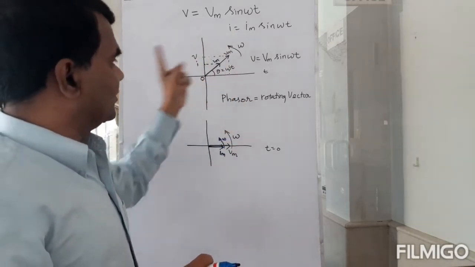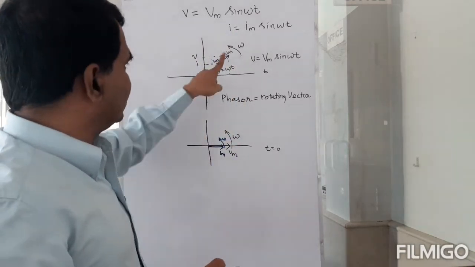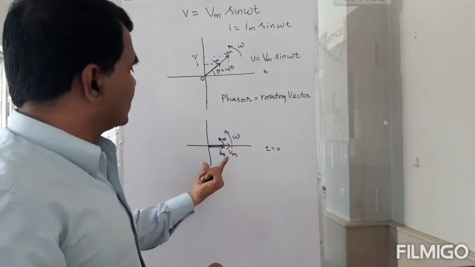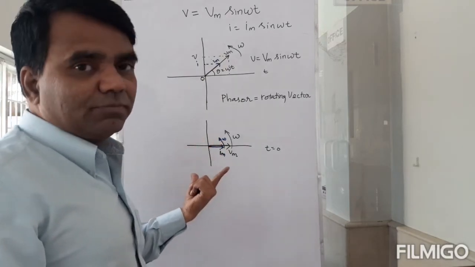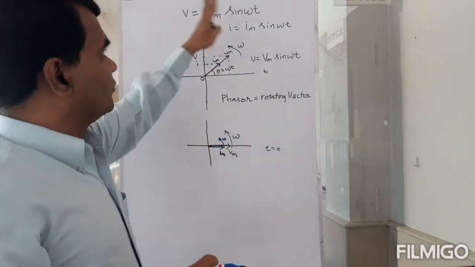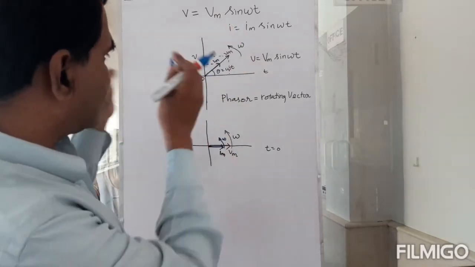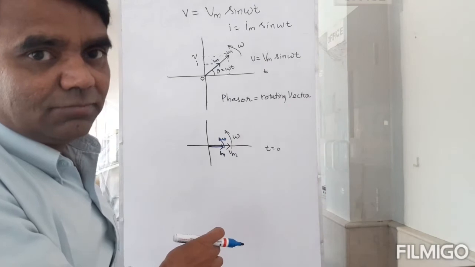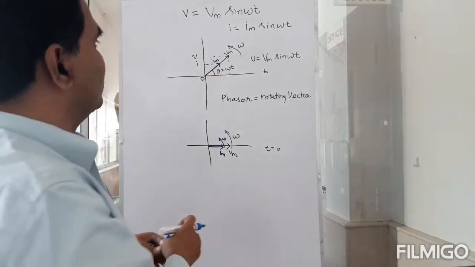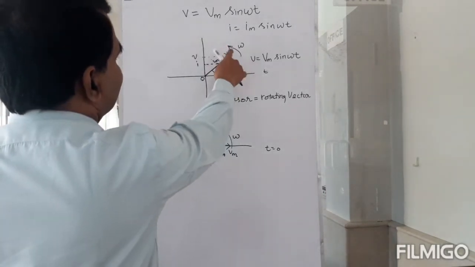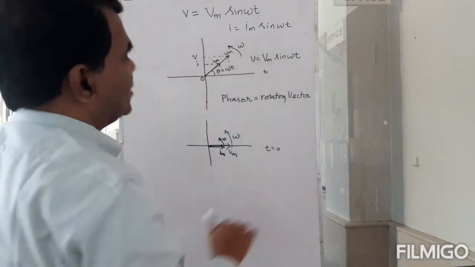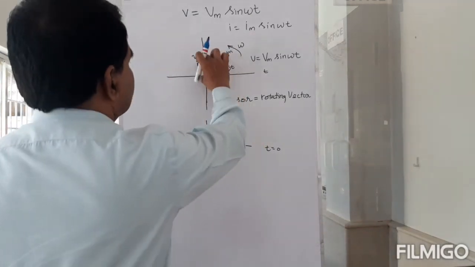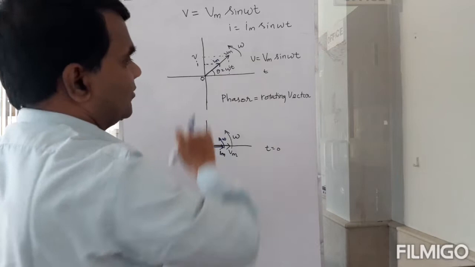So a phasor diagram gives you the relationship between the current and the voltage in a circuit. Instead of doing it mathematically, I can visualize it as a picture. By looking at the picture, you know the value of V: the projection of this. What's the value of I? The projection of this, the value of I at that time.